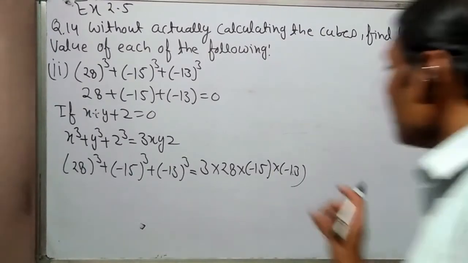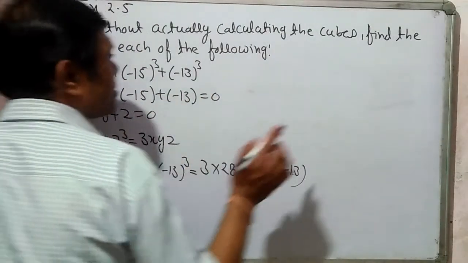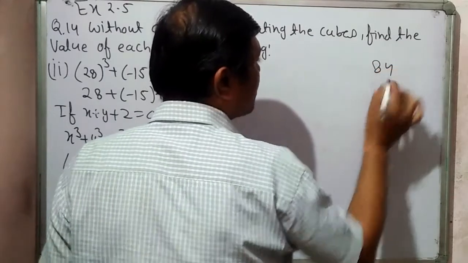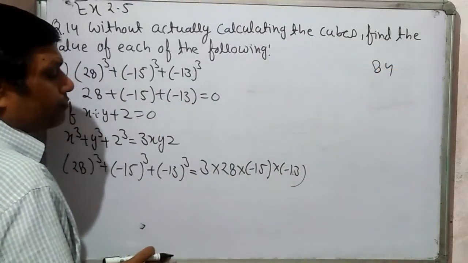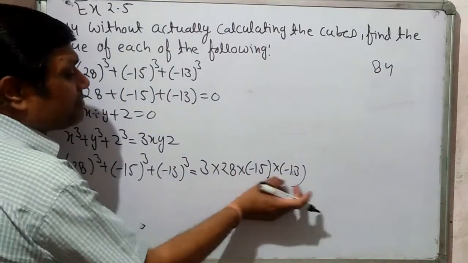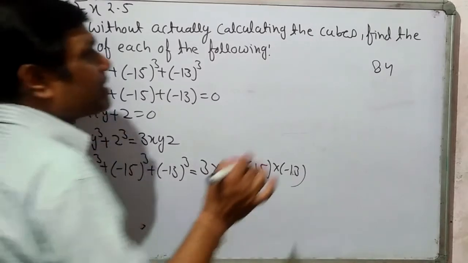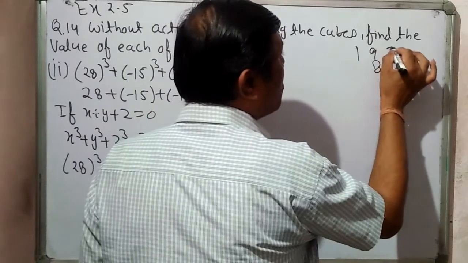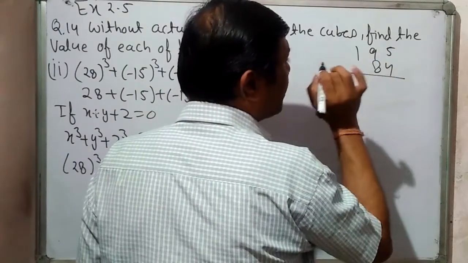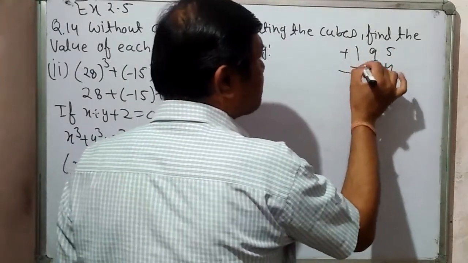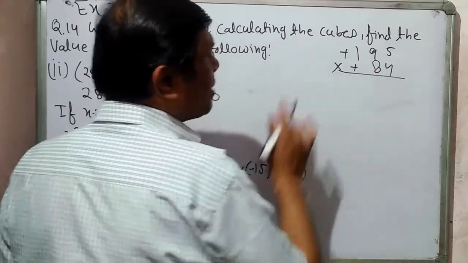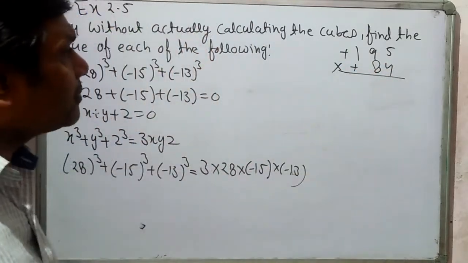We can multiply 2 at a time. 28 threes are 84. How much is 15 into 13? 150 plus 45, that's 195. Multiply them. Will it be positive? Yes, it is positive. This will also be positive and we have to multiply.